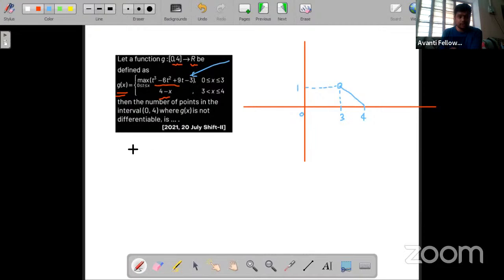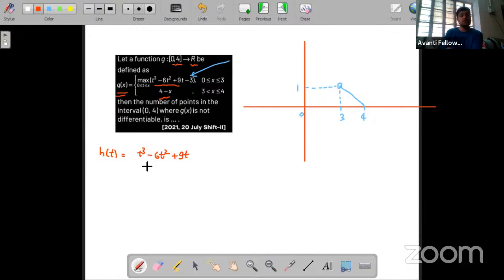Okay, meaning it is a difficult graph, so it will take time for us to draw. So what we will do, I'm assuming this function as h(t). Okay, this function is h(t). So h(t) is t cube minus 6t square plus 9t.